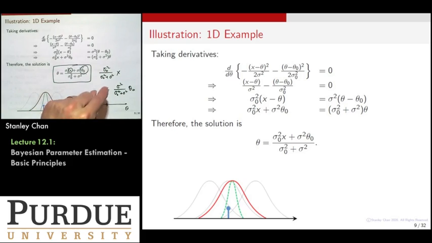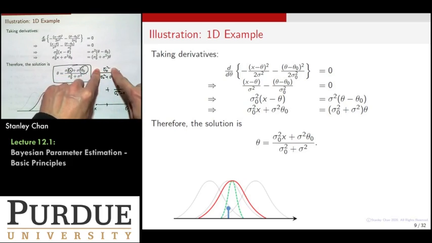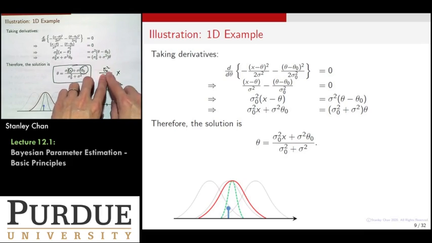Now let's see, what is the influence? Well, the influence really depends on which one is stronger, right? Sigma 0 measures the uncertainty of your prior, and sigma measures the uncertainty of your measurement.